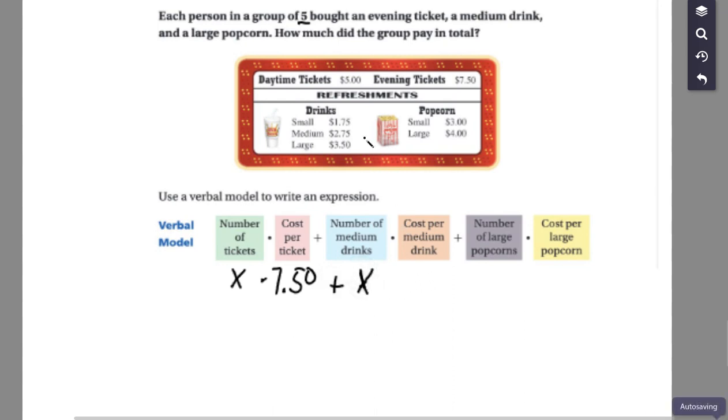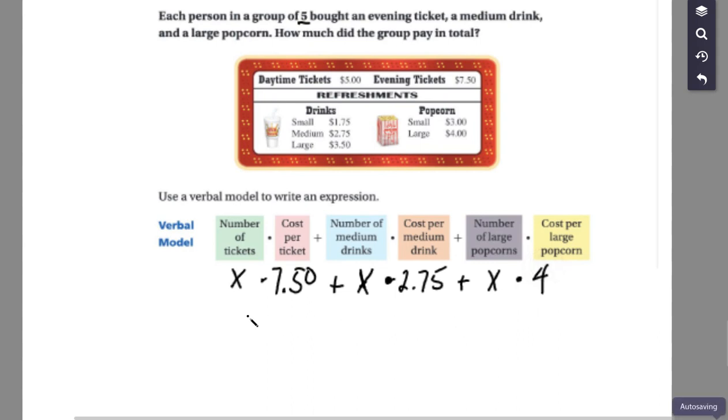A medium drink costs $2.75, right? So we do have to multiply there because that's how much it costs per person. The number of large popcorns, we're going to represent that with an X. The cost per large popcorn is 4.